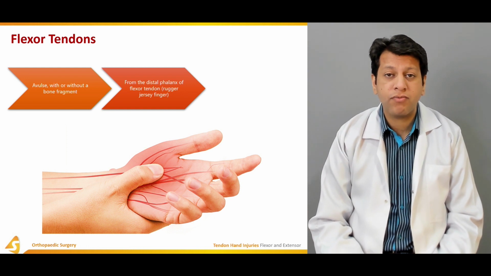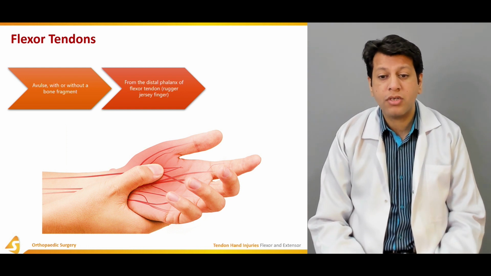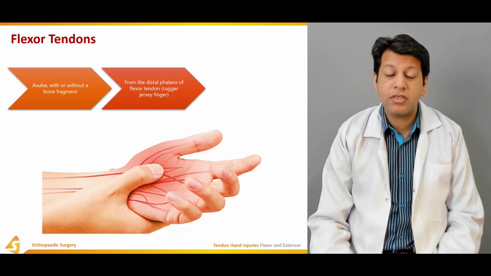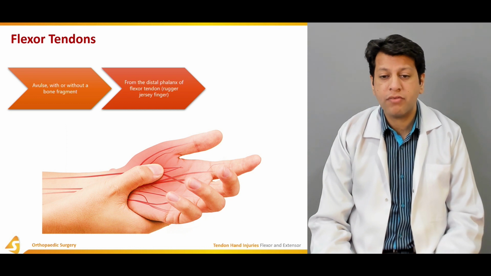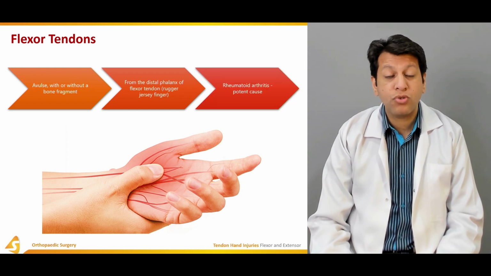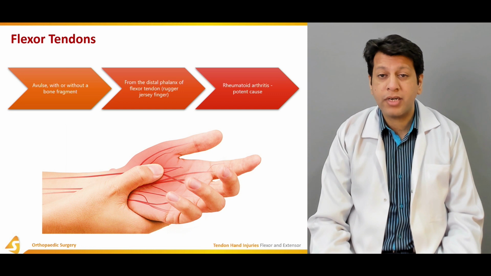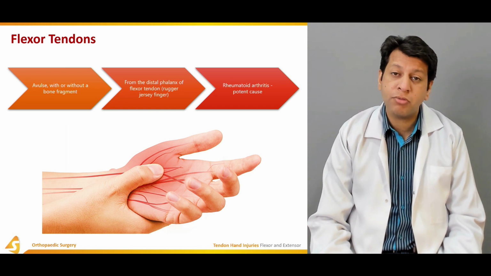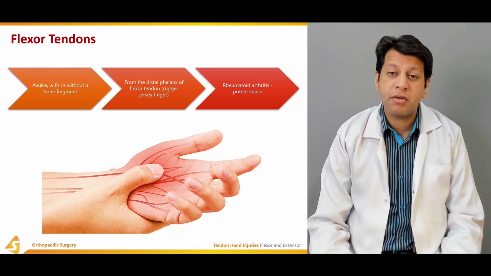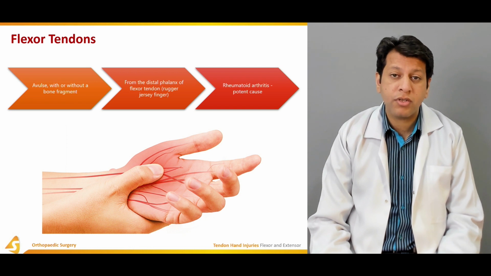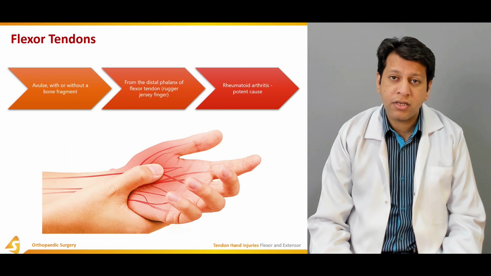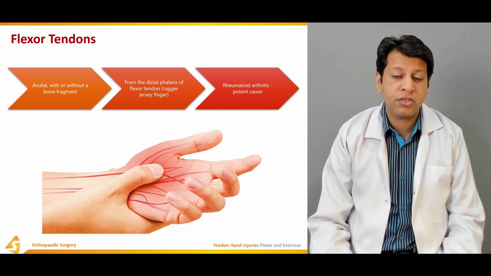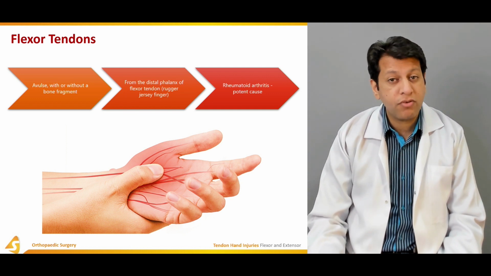This leads to a pathology called rugger jersey finger, in which there is abnormal extension of the distal interphalangeal joint. Or the most common cause is actually the rheumatoid hand, or rheumatoid arthritis, which primarily affects the hand and can be very devastating, especially producing deformities such as ulnar deviation, tendon displacement, as well as attrition, and may also lead to rupture of the tendons.